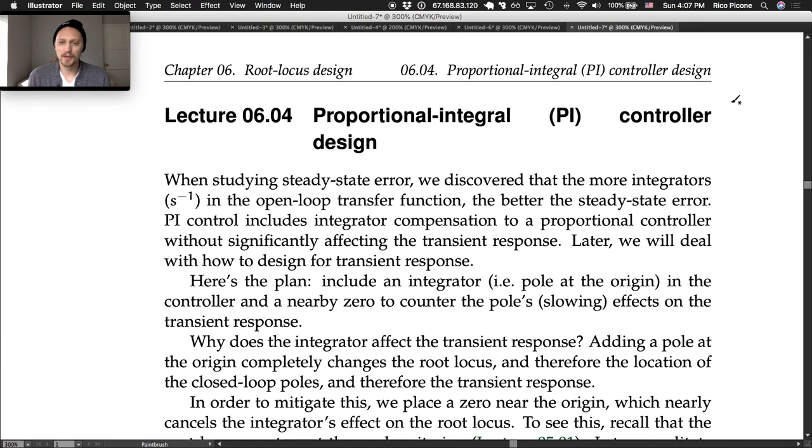So we will sort of go through and learn this technique. It's one technique. There are others you can use to design a PI controller, but this is a root locus based technique, and it's fairly effective. It's probably my favorite for PI control.